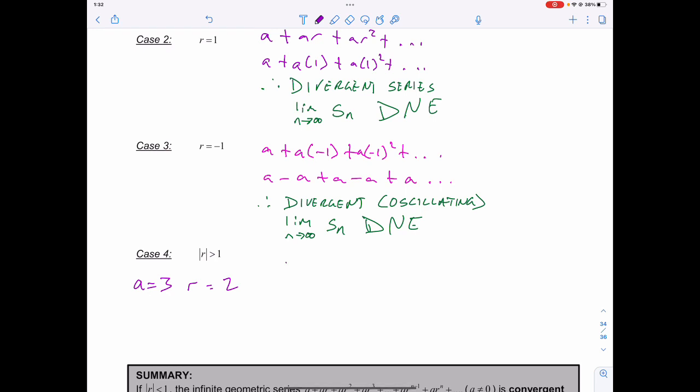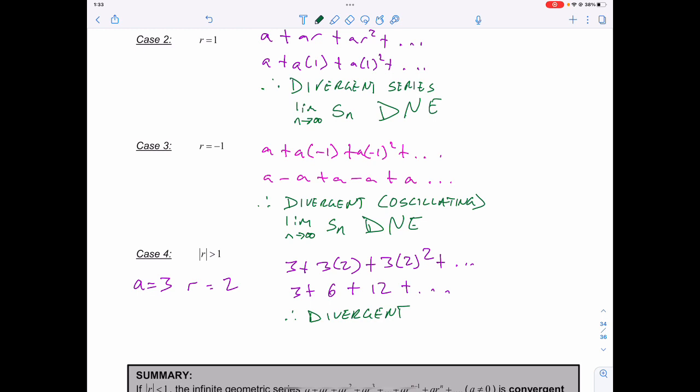And that would give me 3, and then 3 times 2, and then 3 times 2 squared, and so on and so forth, which is going to give me 3 plus 6 plus 12 plus whatever, and this is obviously divergent. So the limit as n approaches infinity of s of n also does not exist.